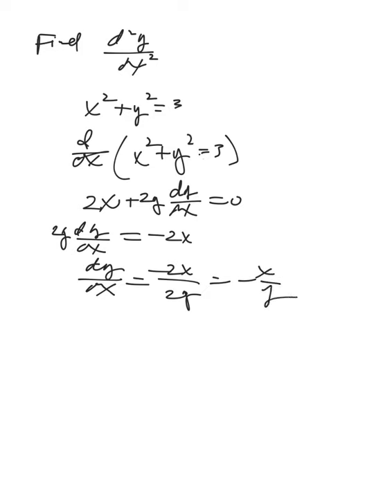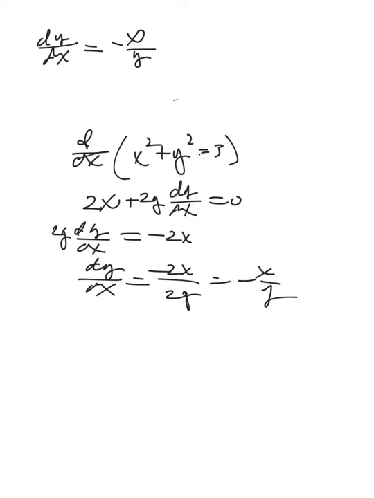So let's hold on to that, because that's our first derivative. dy dx is equal to negative x over y. Then we'll repeat the process.